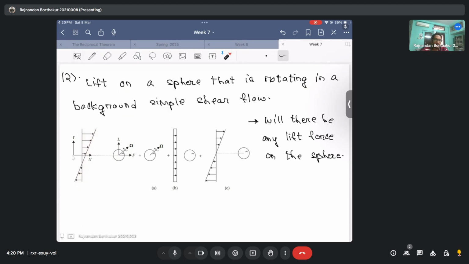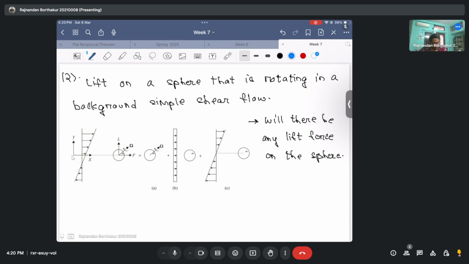In the limit of creeping flows, will the sphere have any lift force or not? We will try to answer this, at least qualitatively, by understanding the linearity of the creeping flow equations.